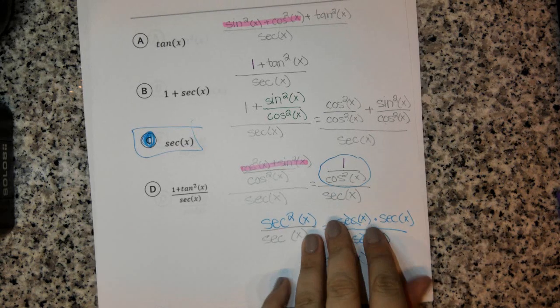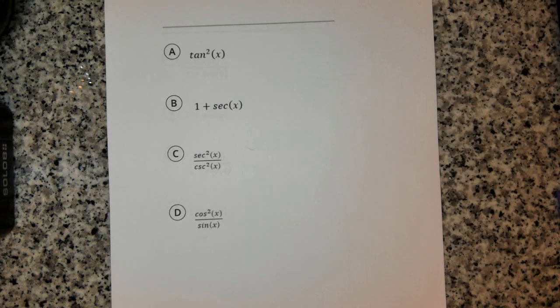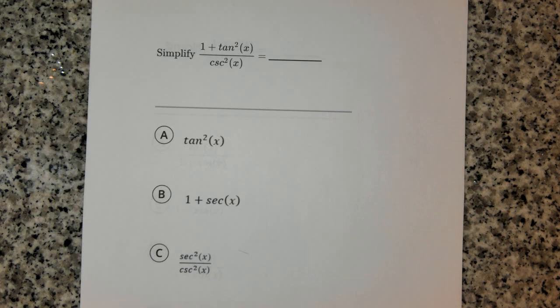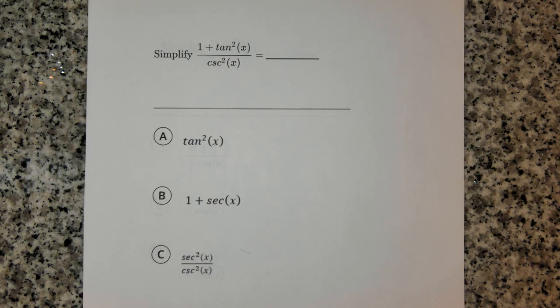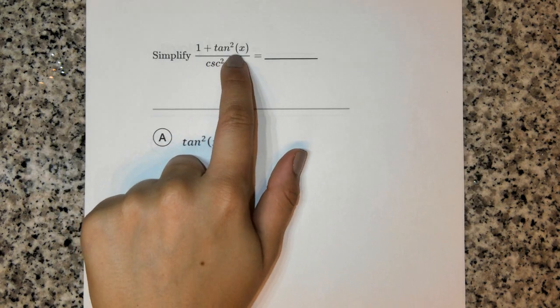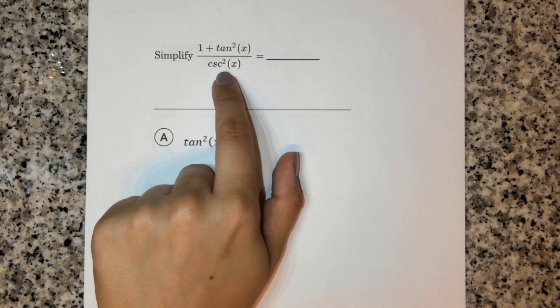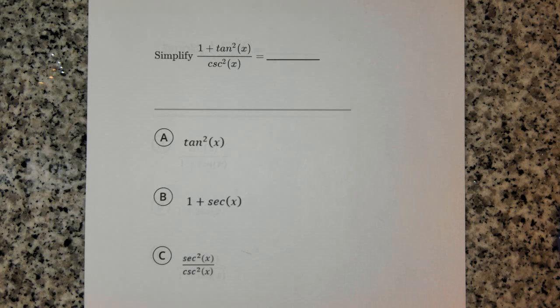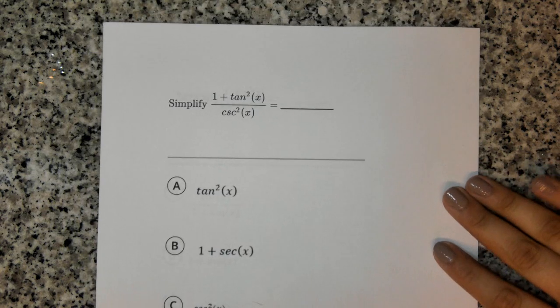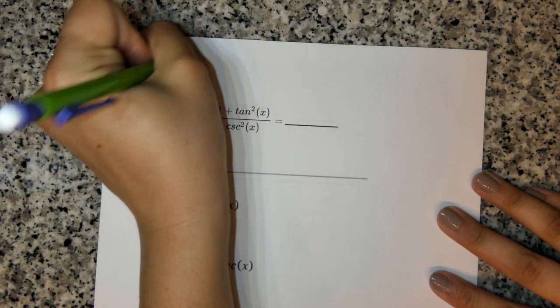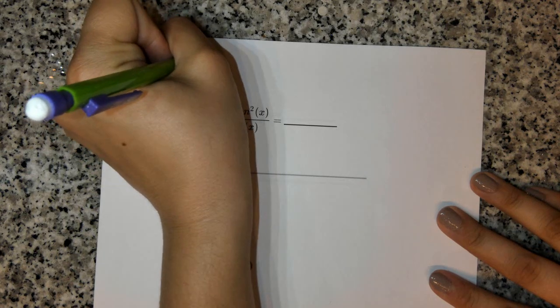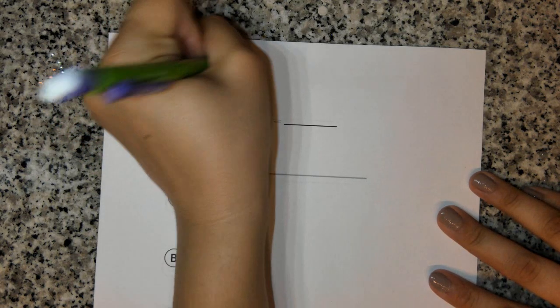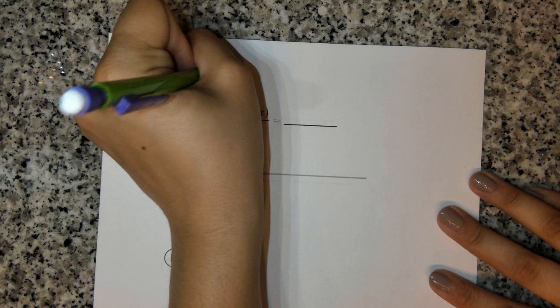Okay, so let's look at the second question. So the second question is talking about 1 plus tangent squared of x divided by cosecant squared of x. So let's see what we need to remember on this one. Again, tangent is sine over cosine.